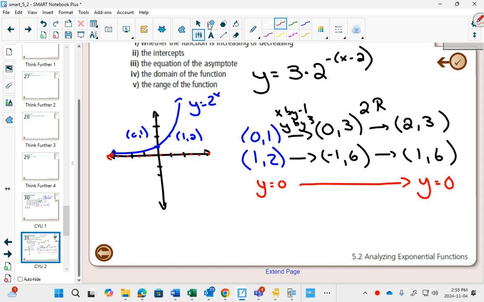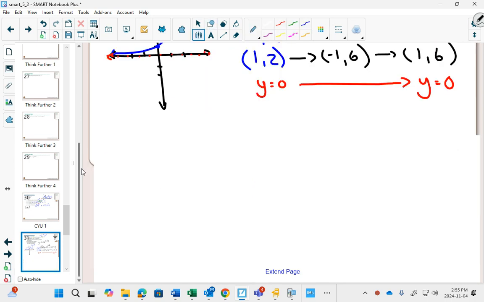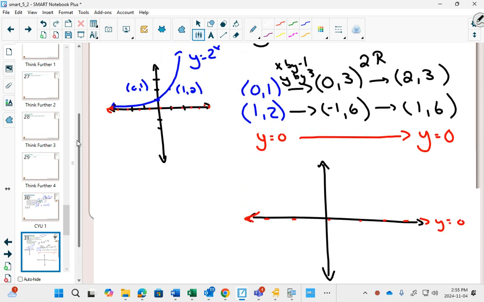So now we have enough information. We're going to graph this. And I always recommend drawing your new graph separately. Put my arrowheads on there. Put my asymptote down.